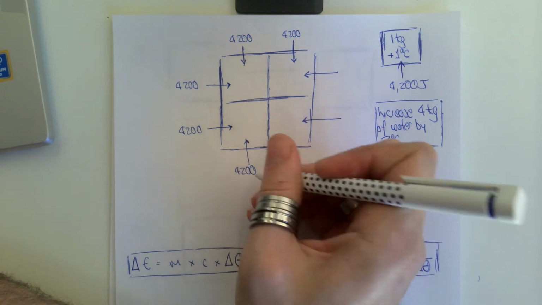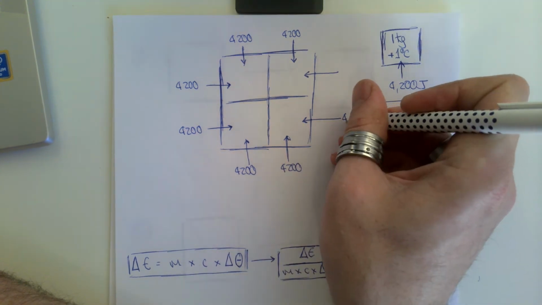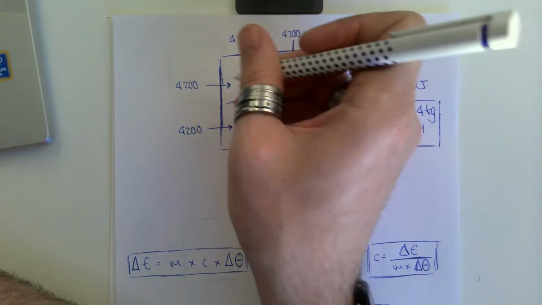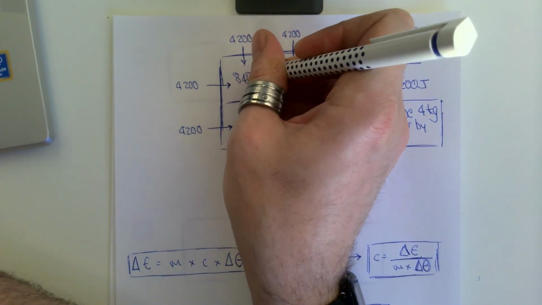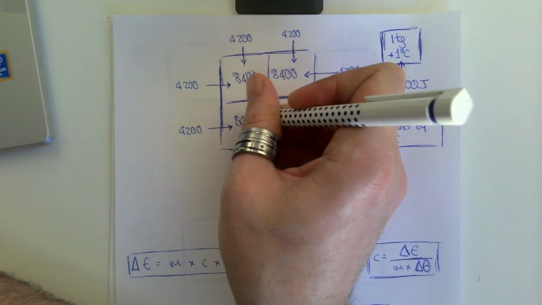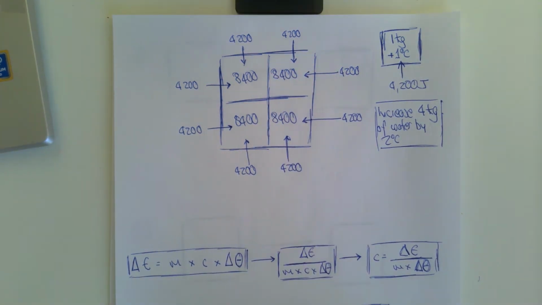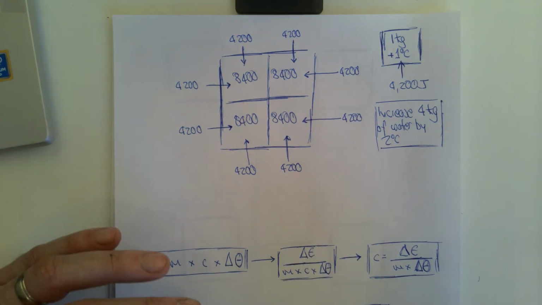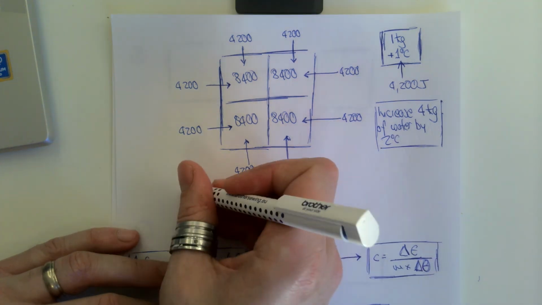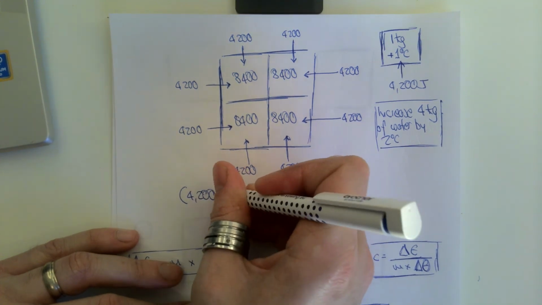So if we want to increase a kilo by 2 degrees Celsius, we need to apply 2 lots of 4,200, which, as you know, becomes 8,400. And if we've got 4 kilos, so 4 lots of this, we simply need to then multiply it by 4. So increase 4 kilos of water by 2 degrees Celsius means we've got 4,200 joules times 2.